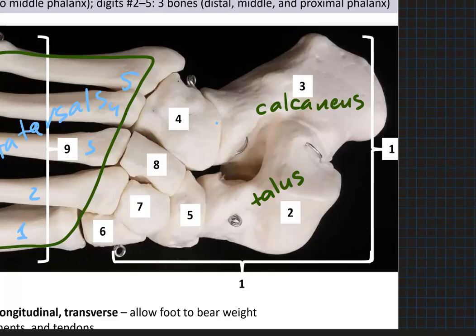Calcaneus bone articulates with the cuboid bone, while the talus articulates with the navicular. Do I have a good mnemonic rule? I do not.